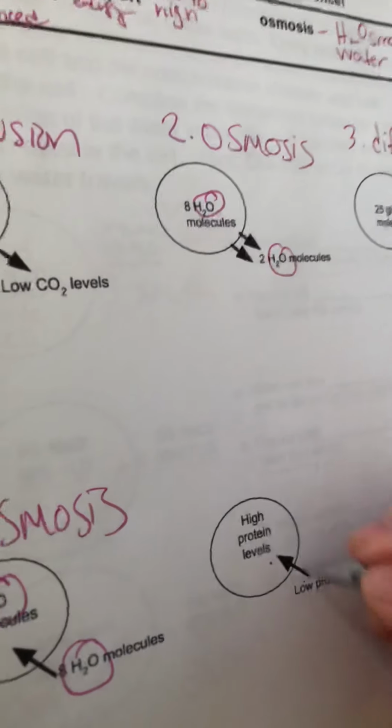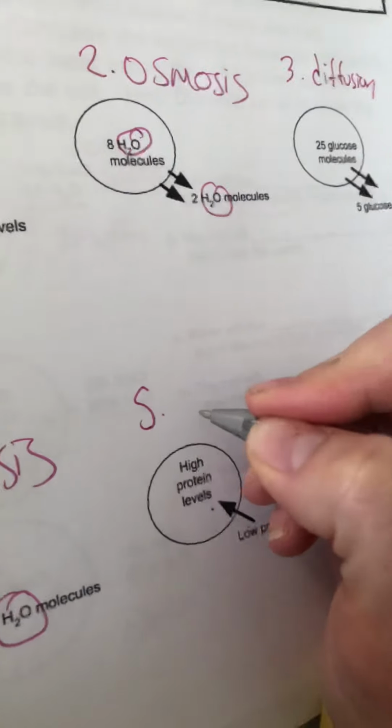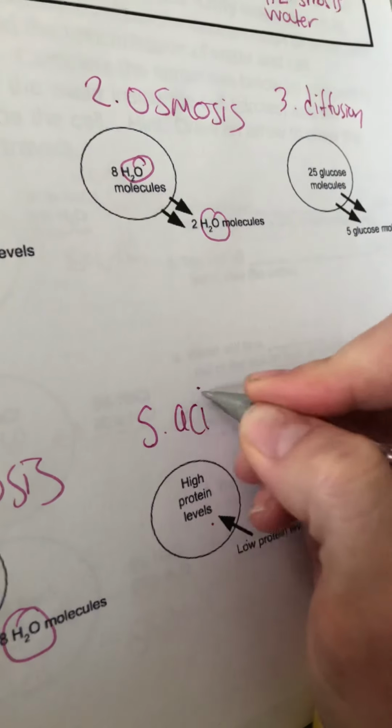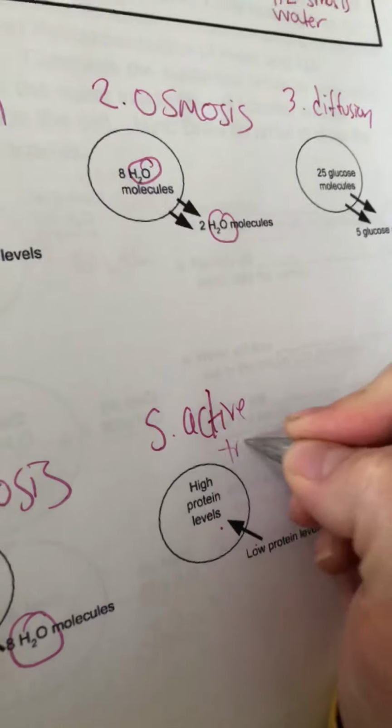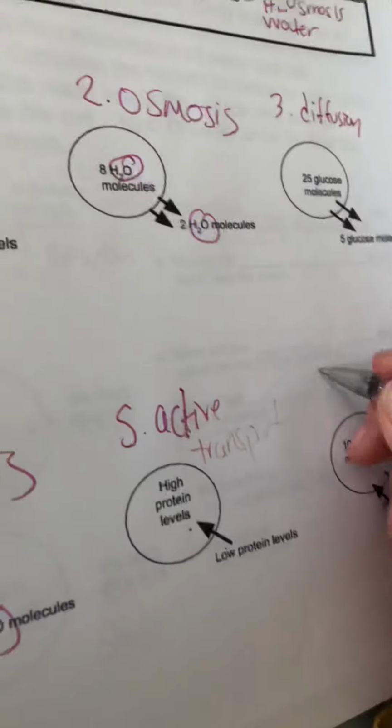Uh-oh, it doesn't say anything about energy, but it is moving from low to high. And that's going to be active transport. And then the last one I see is H2O, osmosis.